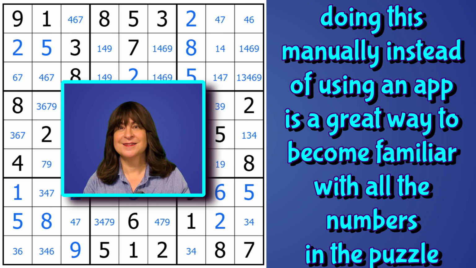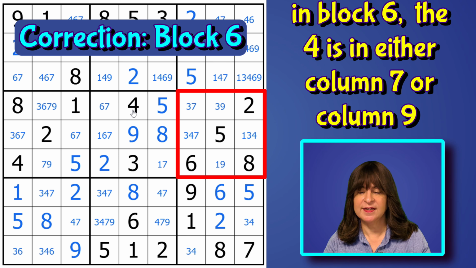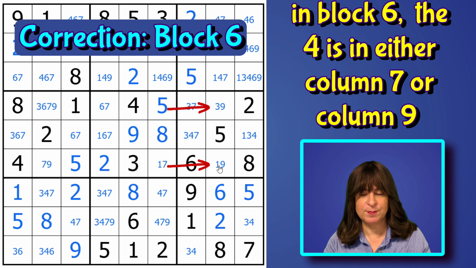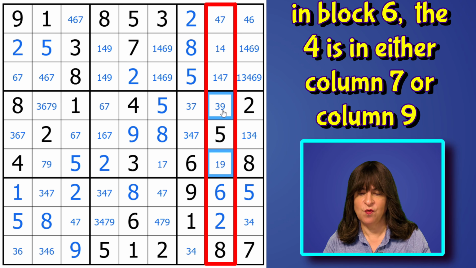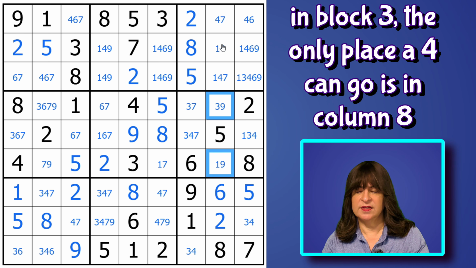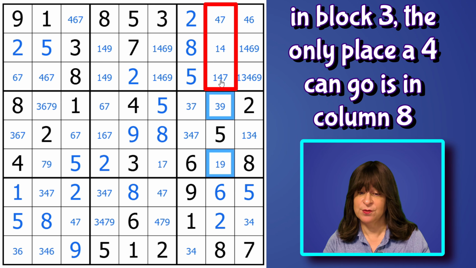And then you just see things. So one of the things I noticed is that in block 9, these two cells cannot be 4s. They are either 3, 9 or 1, 9. But column 8 needs a 4. And it's already filled up in block 9. So the only place a 4 can go in column 8 is in block 3.